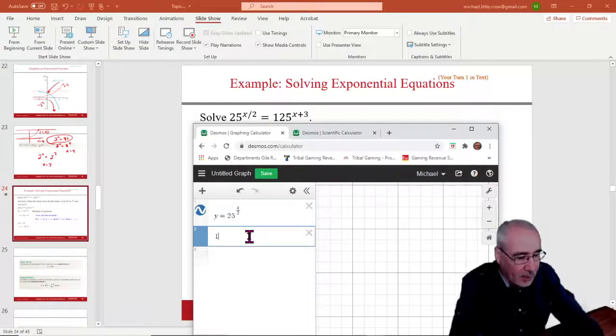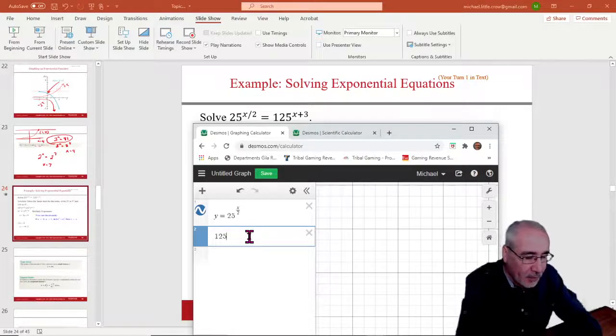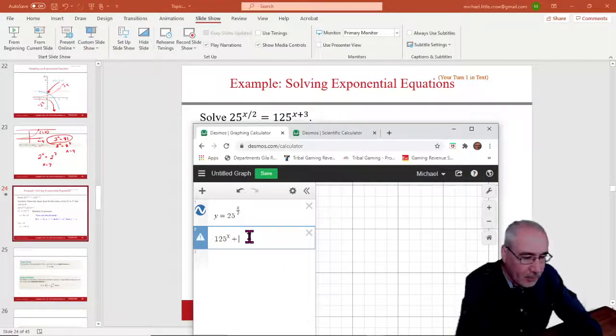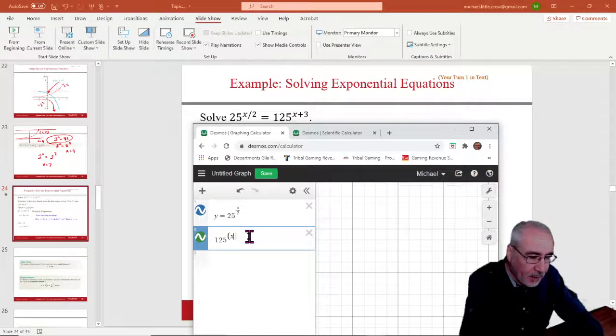Then the other would be 125 raised to the x plus 3. I'm going to put parentheses around x plus 3, because notice it was dropping me down.